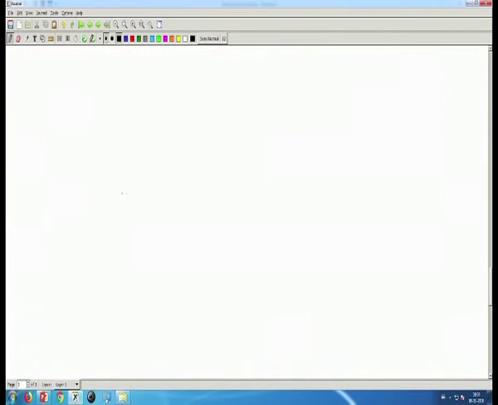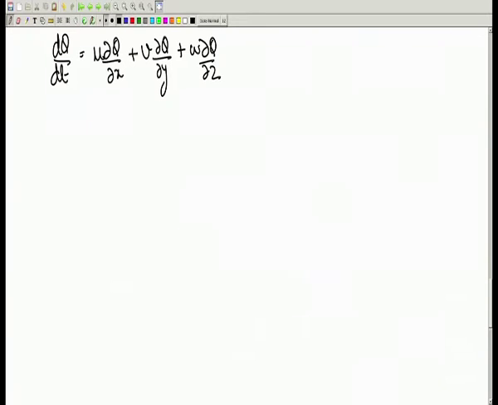So we are going to the next page. So finally we can write dq dt is given by, because dx dt becomes u, u del q del x plus v del q del y plus w del q del z plus del q del t.